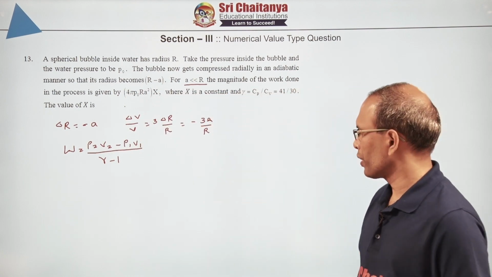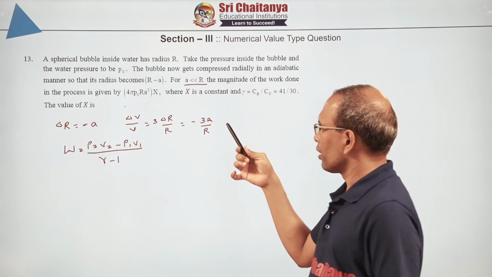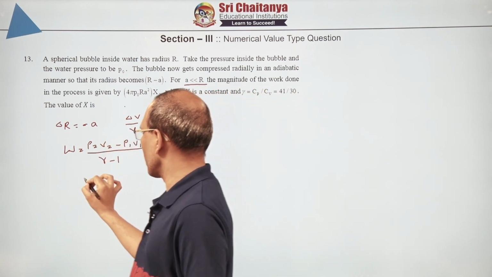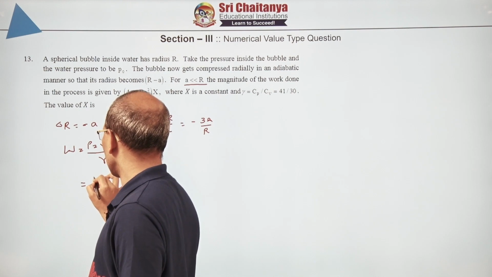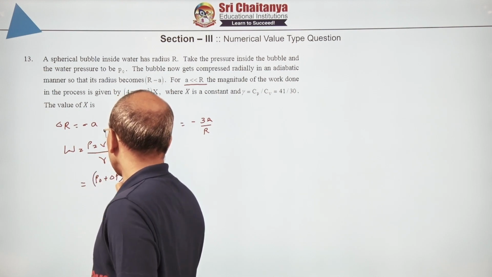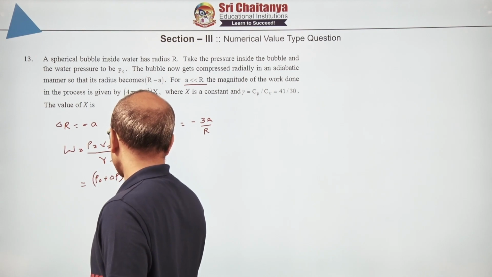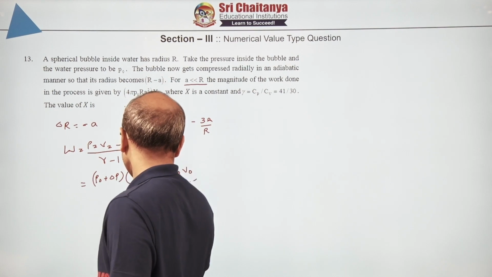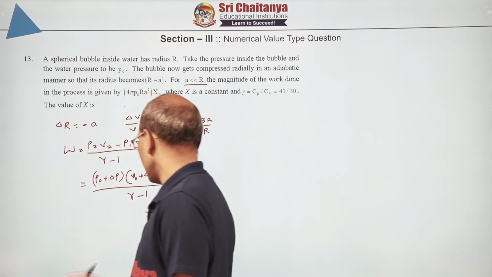So this is what we have to calculate. Now delta V by V we got. So I write this like this. P2 can be written as suppose P naught plus delta P, and V2 is suppose V naught plus delta V, minus P naught V naught, by gamma minus 1.